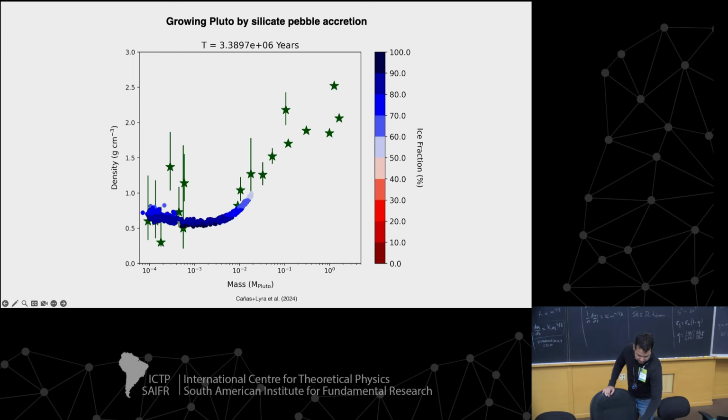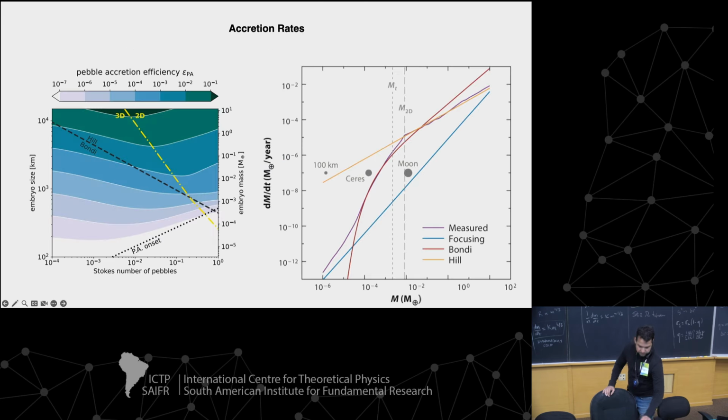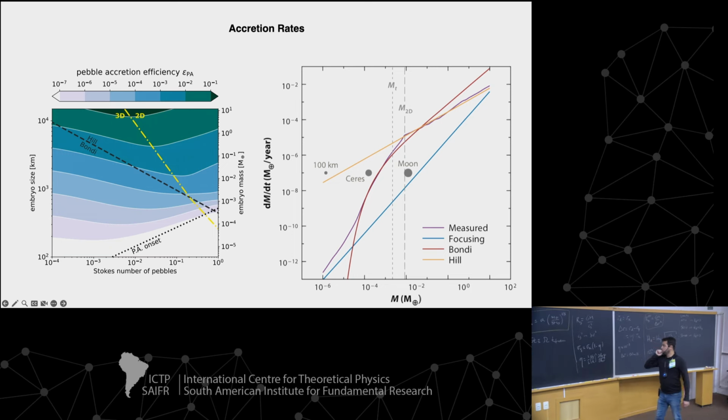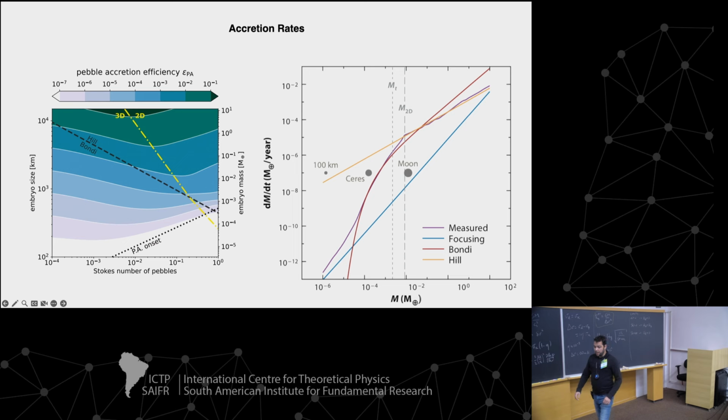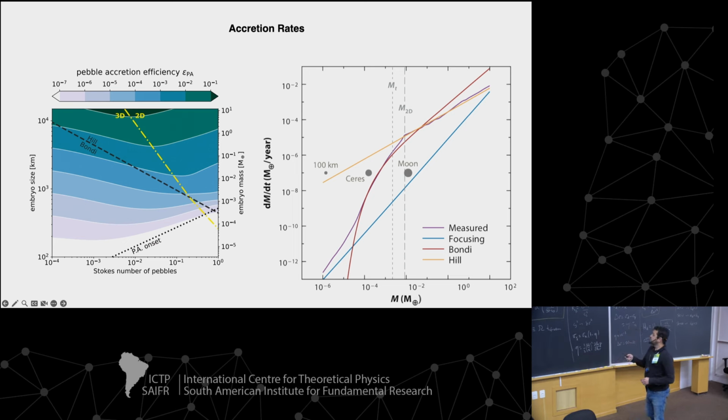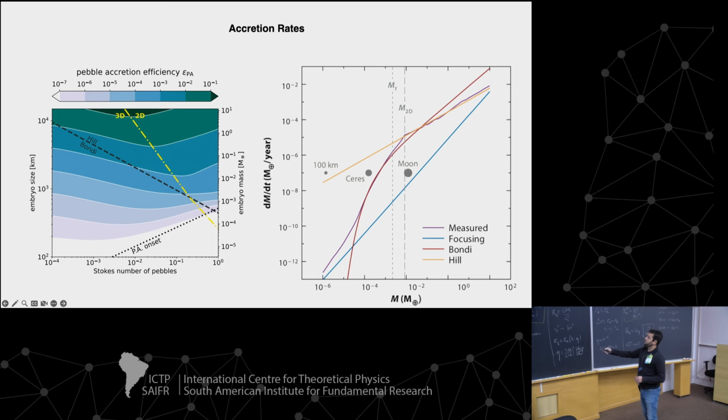If you see here this mass accretion track, a planetesimal, when it forms, is at about this range of masses here, right?